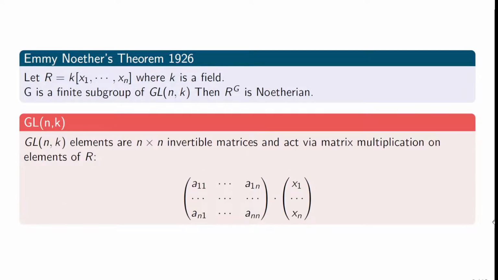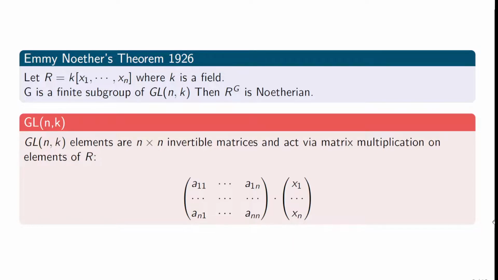Additionally, in another related direction, Emmy Noether proved a theorem in 1926: if we take the ring to be a polynomial ring over a field, and we use a finite subgroup G of the general linear group GL_n(K) to act on R, then the invariant ring is also going to be Noetherian.